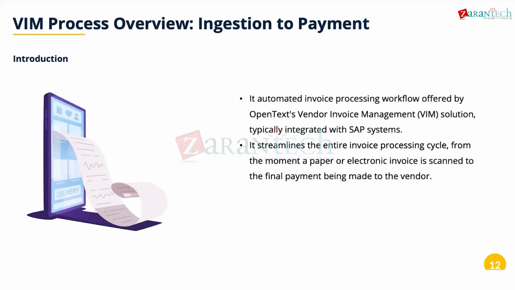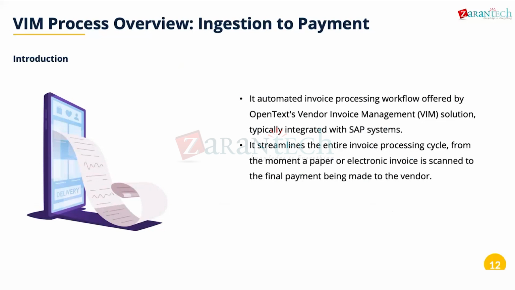And the introduction is basically what we talked about. It is the automated invoice processing workflow offered by the vendor invoice management solution, typically integrated with the SAP system. It streamlines the entire invoice processing cycle, from the moment a paper or electronic invoice is scanned to the final payment being made. Our VIM solution here doesn't help in the payment process, but it will help you in tracking the payment.